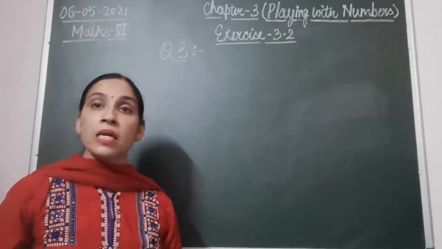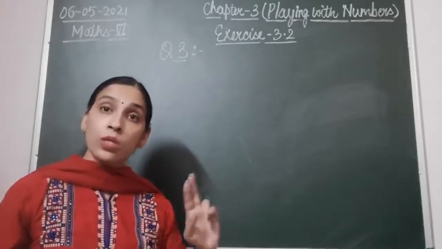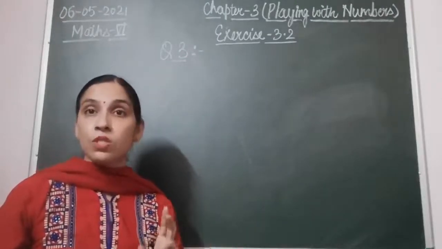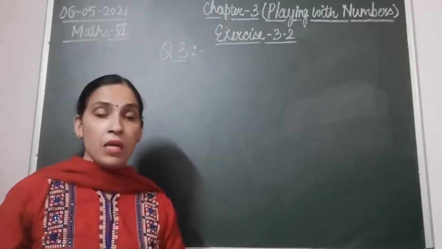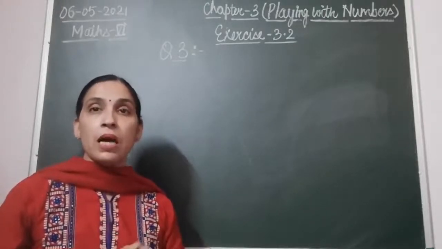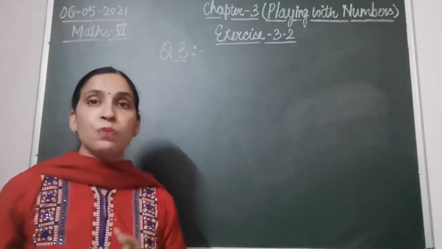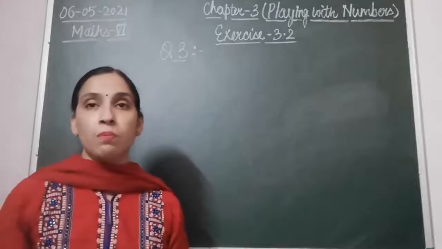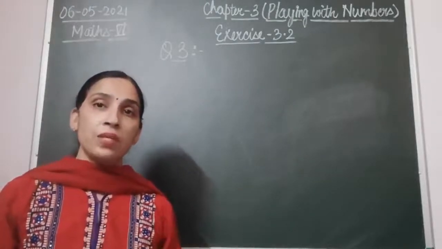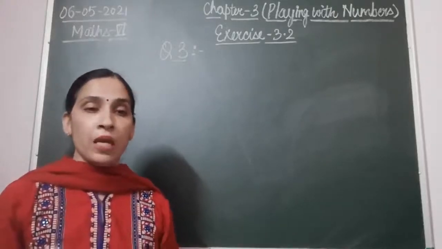Both these numbers have the same digits, 1 and 3. Find such pairs of prime numbers up to 100. Now that Sieve's activity will help you to find these prime numbers quite easily.